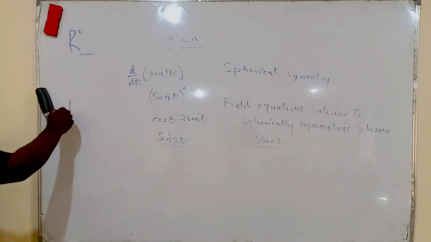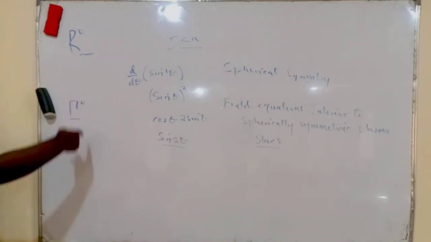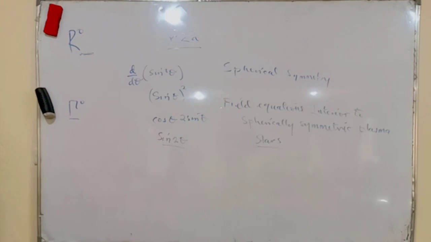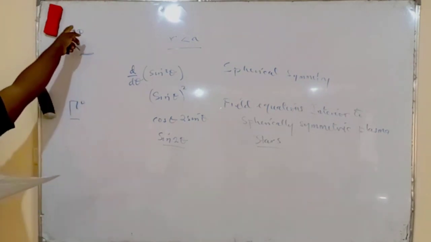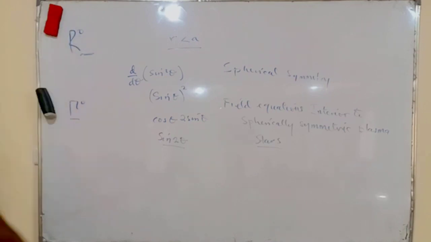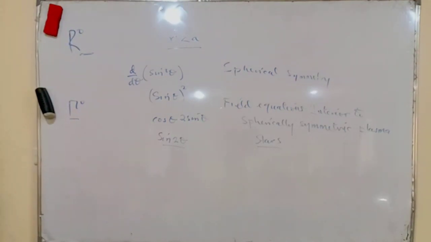Remember, we also have gammas that are 0 up there. We have gammas that are 0. So we also expect R with 0 up there to exist. Did you do that?